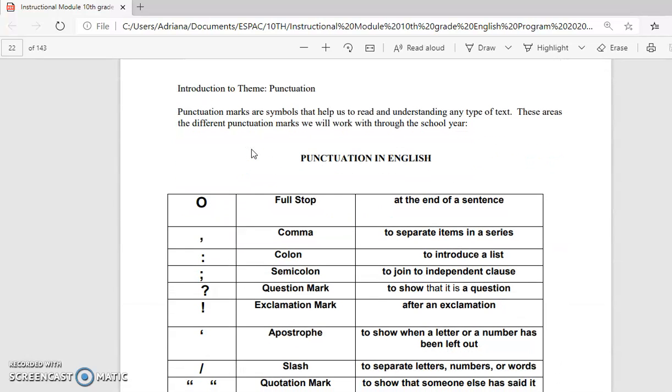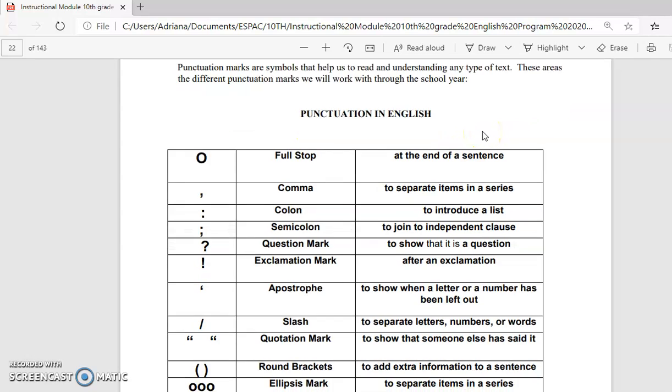And then we have the other theme that we're going to discuss today, which is punctuation. Punctuation marks are symbols that help us read and understand any type of text. These are the different punctuation marks we will work with through the school year.